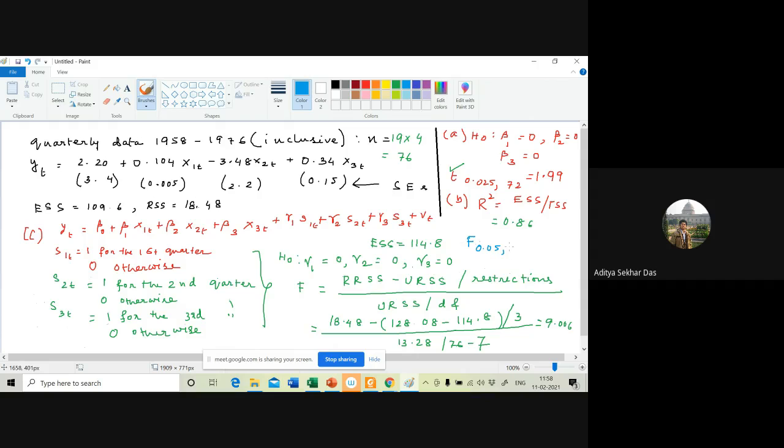Ma'am, F 3, 69. F 0.05, 3, 69, yes ma'am, is 2.74. So the estimated value is 9 and the tabular value is 2.74. So what we will do?